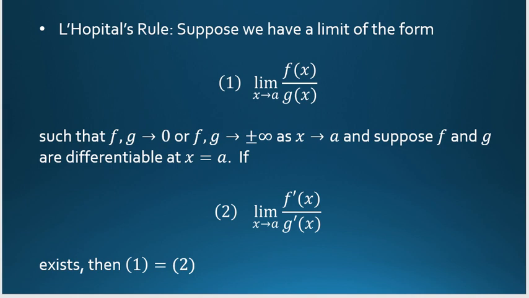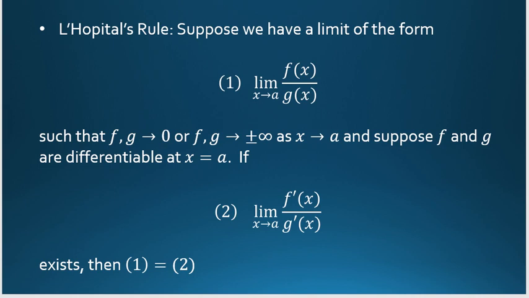Now, when we say f and g are differentiable at x equal to a, obviously if a is negative or positive infinity, it's not a real number. We can't actually plug those things into our function, but we could take the limit as we go to these things, and that's what we mean by differentiable at x equal to a for those specific values there.